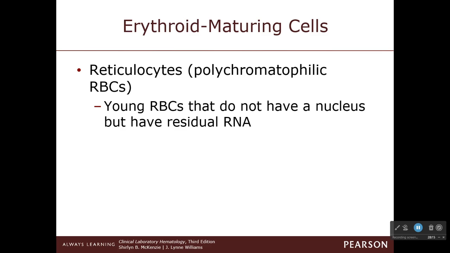So from here to the reticulocyte, it loses its nucleus. The metarubricyte still has a nucleus. This one's called the orthochromic normoblast.